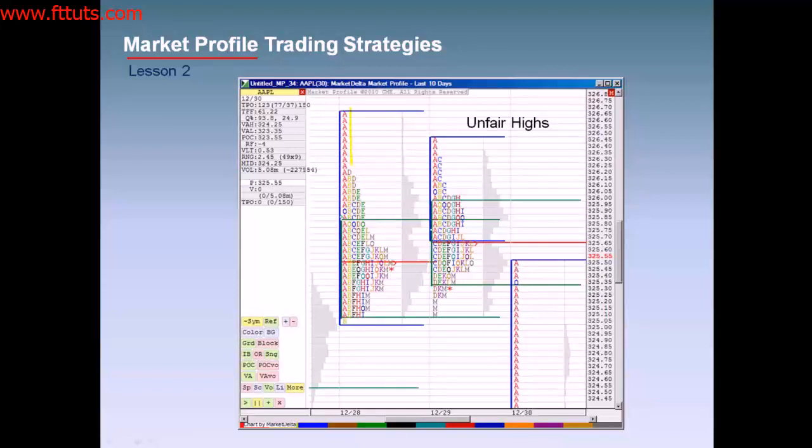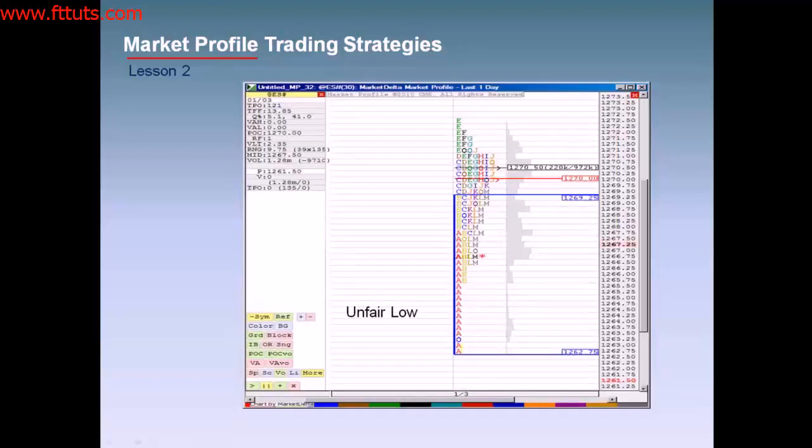Here's an unfair high. This was an unfair high. And sure enough, the market decided that even these levels here were representing an unfair high in the market, and prices continued to decline. Similarly, we have a buying tail here, or an unfair low. The market opens at this point and it drops, but somebody picks it up real quick and runs up with it.